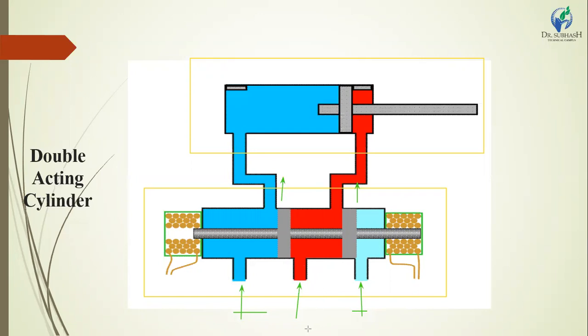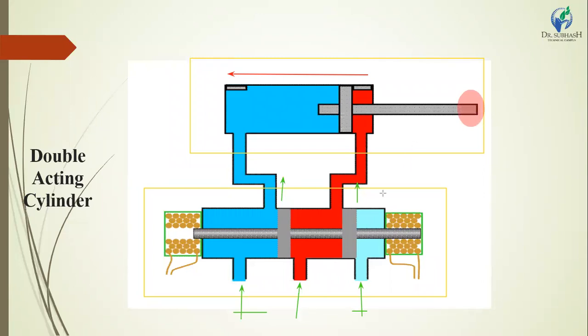If we give the inlet from the center point, the fluid passes from the center point to the right side point and enters into the cylinder, and the piston moves from left side to right side and creates a higher pressure at the end of the rod.